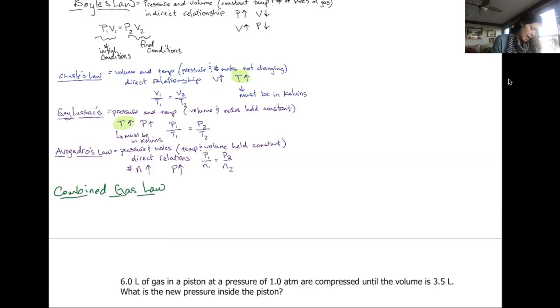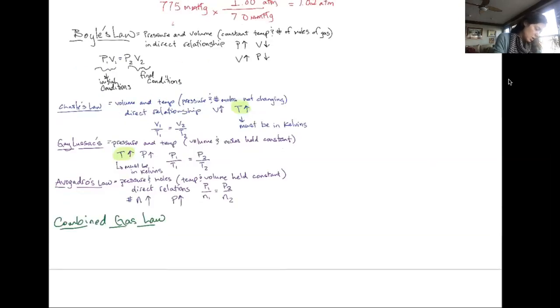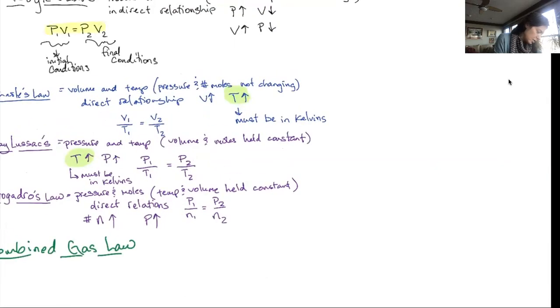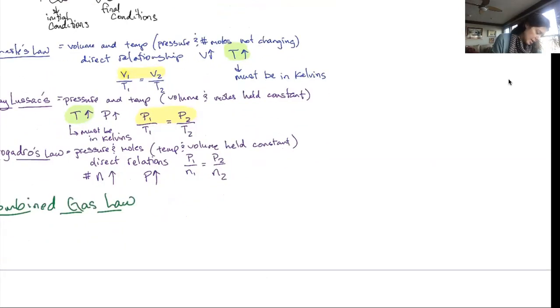So notice that in every gas law, let's start at the beginning, we've got P and V on top, and then in the next gas law, V is on top and T is on bottom. And then in the next gas law, P is on top and T is still on bottom. And in the next gas law, P is on top and n is on bottom. So what that tells me is that P and V are always on top, all right?